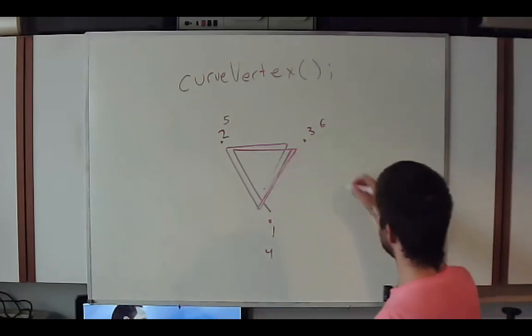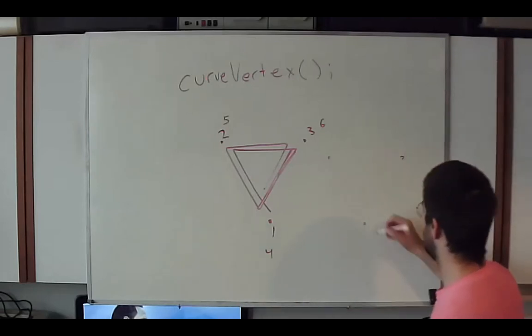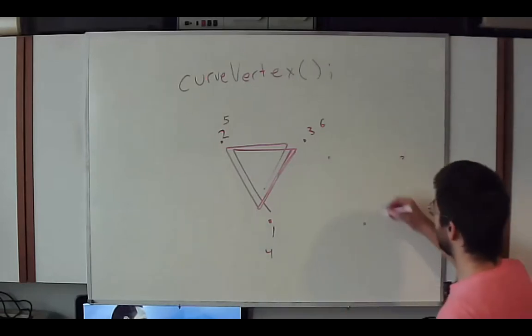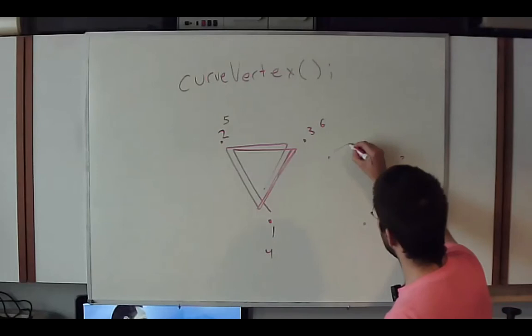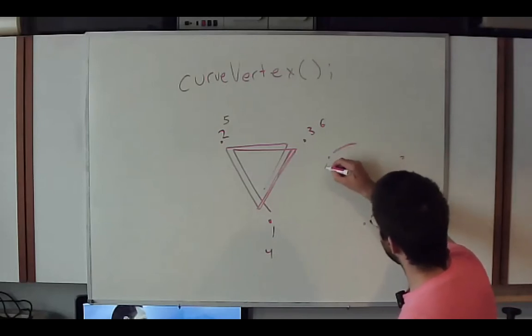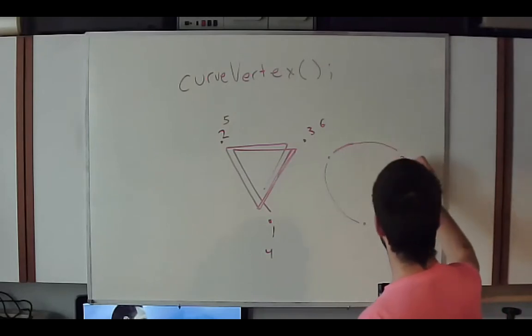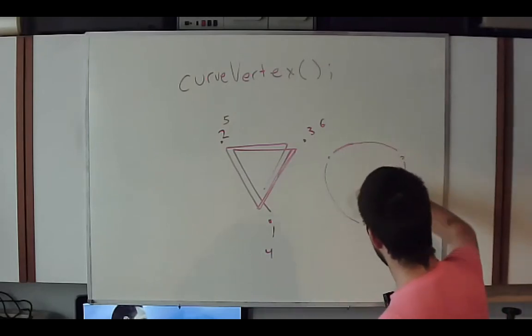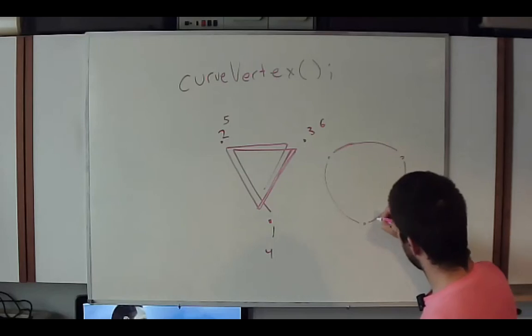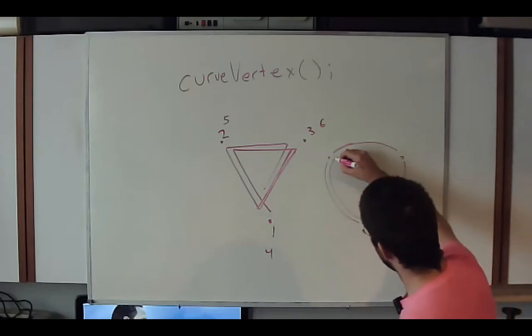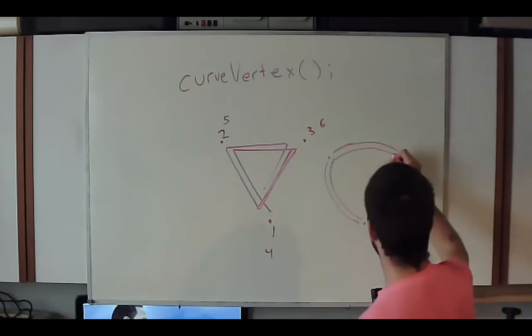So it knows that at this point on the top left, this curve here is influenced by needing to make its way over to that point. And same with all of these. This curve here knows it has to be influenced to get over to that point and over to there.